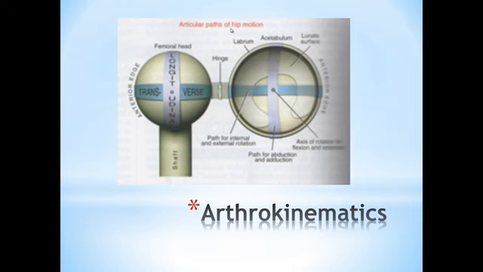And that's when I'm going to now have that fixed convex with a moving concave, so the roll and the glide are going to tend to be in the same direction. So just keep in mind what happens from an arthrokinematic perspective and what is occurring in the fixed convex versus the moving convex.